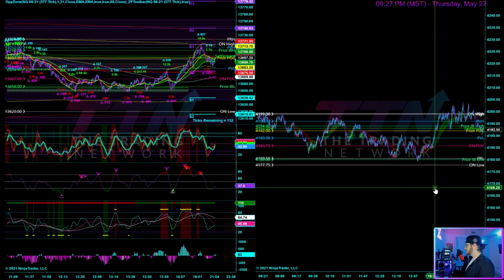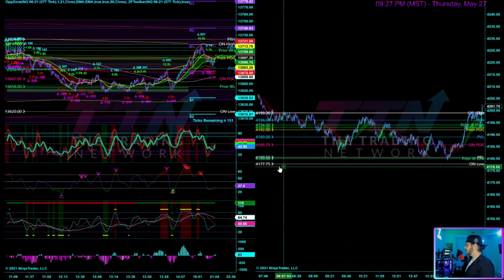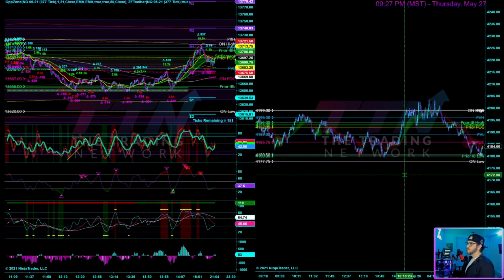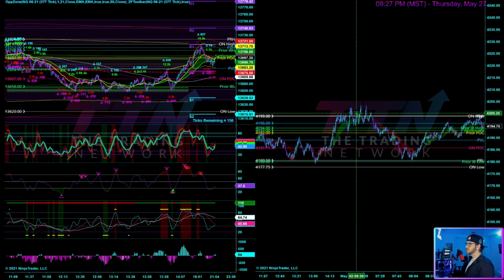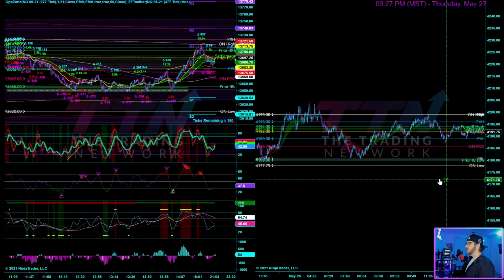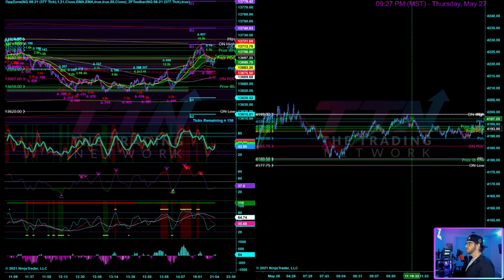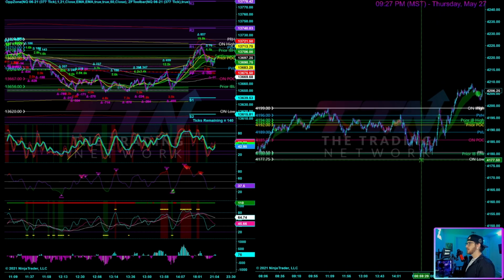These profile levels are very, very accurate. And if you can be patient and wait for price to come to these levels, they show you things like bullish divergence, bearish divergence. You can see multiple opportunities here at and around these levels. Price very, very orderly moves through, comes back, retests, rejects, retests over and over again, sometimes precisely to the tick.